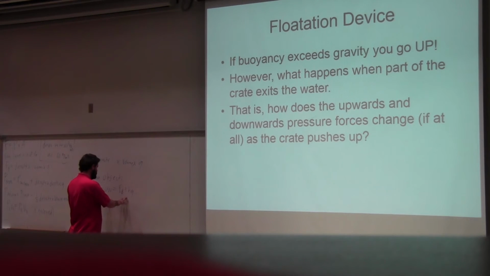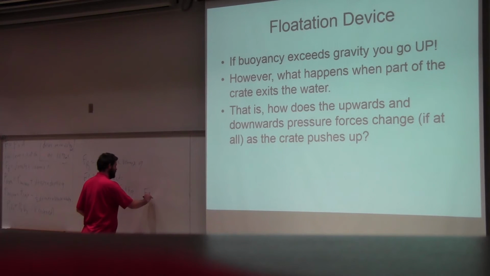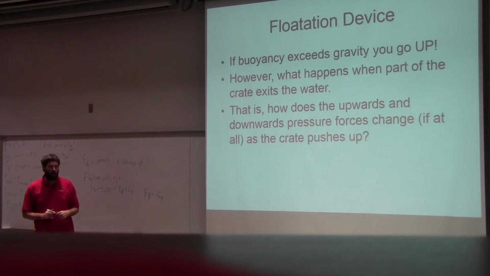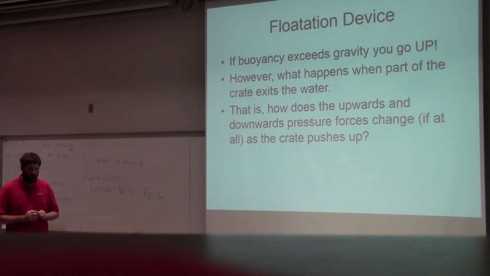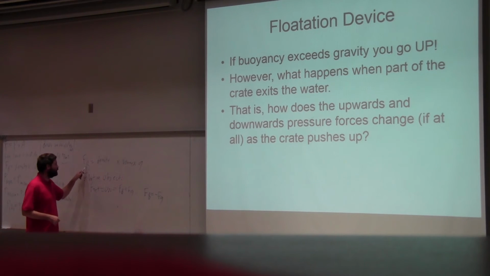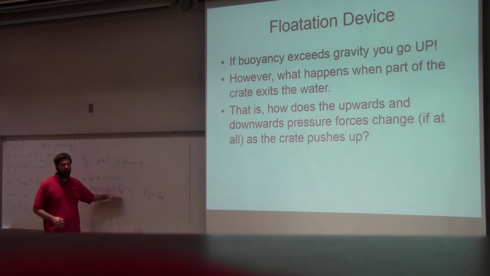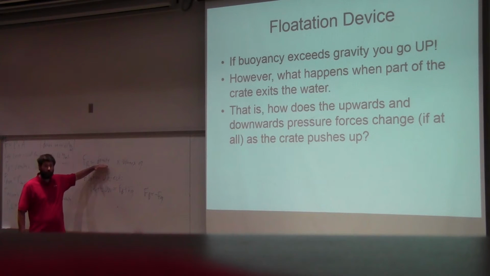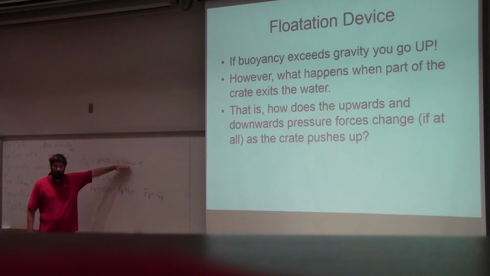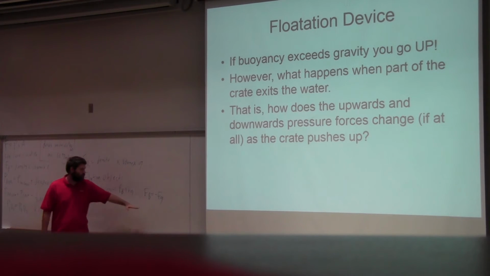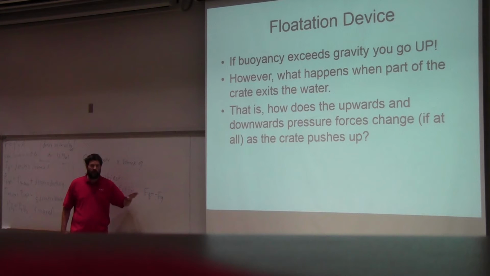But we can solve this equation and know that the buoyancy force is equal and opposite to gravity. So when an object is submerged, the buoyancy force equals the weight of the fluid displaced. When an object is floating, the buoyancy force still equals the weight of the fluid displaced. We just don't know what the volume is. But it also equals the weight of the object itself.